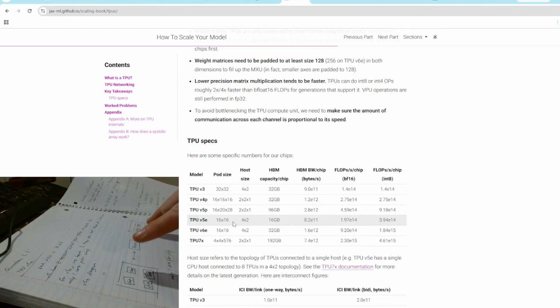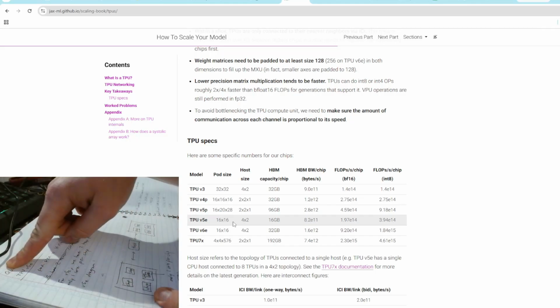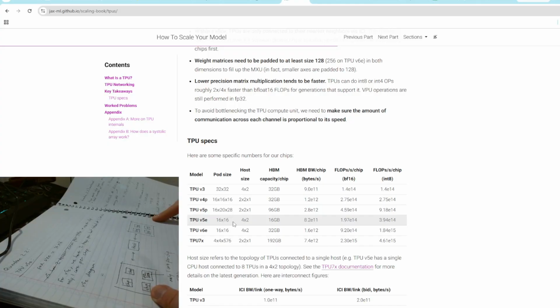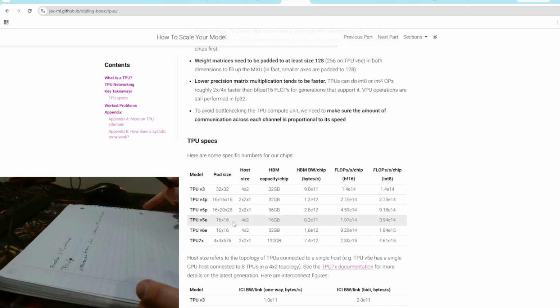For the V5P, you get it stacked like 16 chips this way, 20 chips this way, and 28 chips up and down. So honestly, my assumption is just that there's 2 trays and 2 chips per tray. I'm just going to write that down.